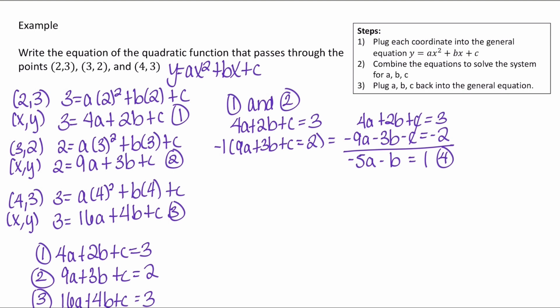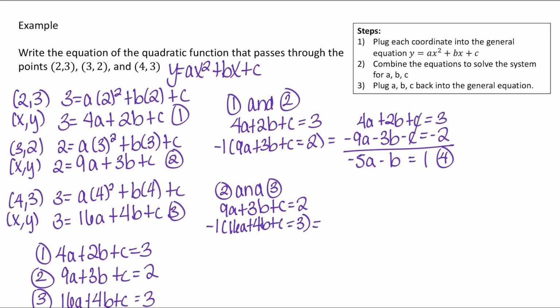Now I'm going to combine equations 2 and 3. Once again, my strategy is going to be to get that c term to cancel out. So I have 9a plus 3b plus c equals 2. And then I'm going to do -1 times 16a plus 4b plus c equals 3.